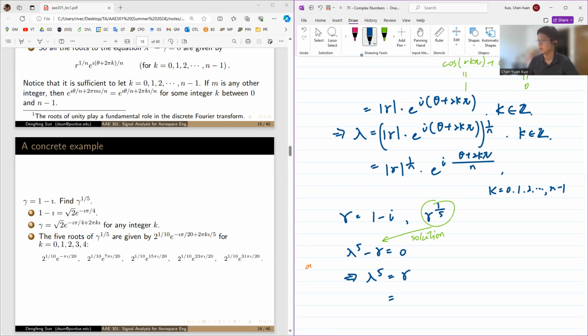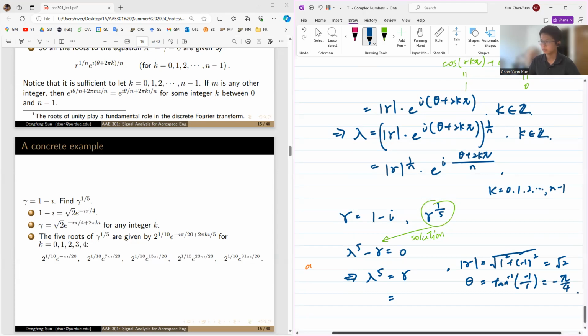To do that, we need to evaluate the magnitude and angle of gamma. The magnitude is the square root of 1 squared plus negative 1 squared, which is square root of 2. And the angle will be the arctangent of negative 1 over 1, and that's negative pi over 4. So here we have this theta.